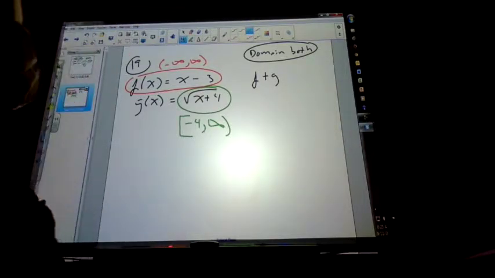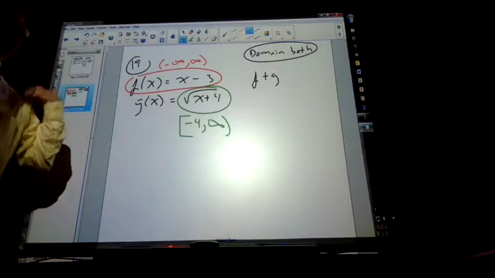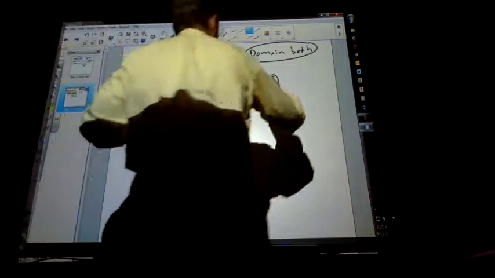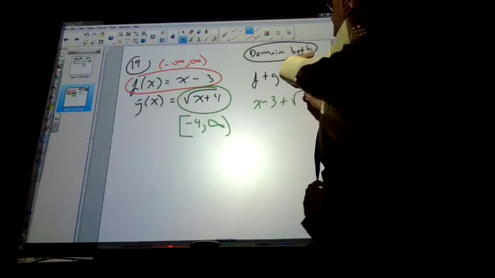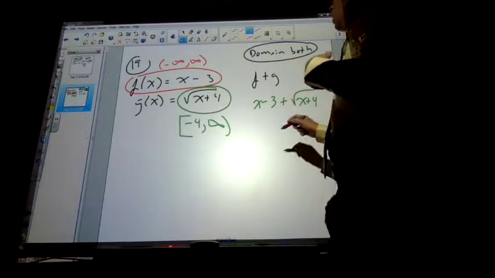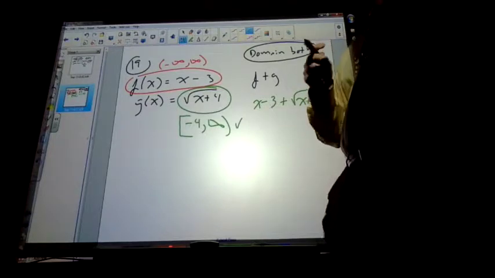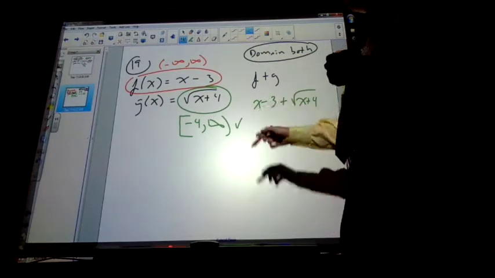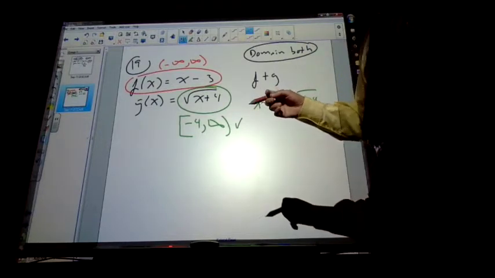Your original domain has to be as restricted, if not more, for your answer. So if I were to add those two together, I would just get x minus 3 plus this. So my domain has to be as restricted as the most restricted domain. If I subtracted them, same idea. If I multiplied them, same idea.